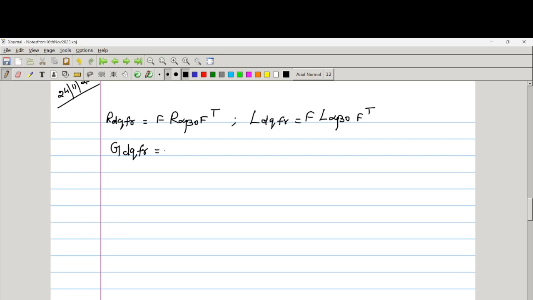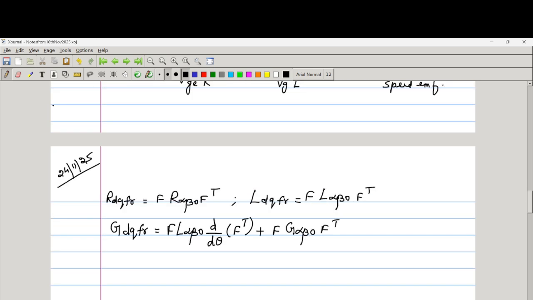GDQFR is nothing but F L alpha beta naught into d by d theta of F transpose plus F into G alpha beta naught into F transpose. In the previous class I mentioned T here, but actually it is not T, that is d by d theta of F transpose. Okay. Now we are going to calculate all those things in order to substitute in these equations.